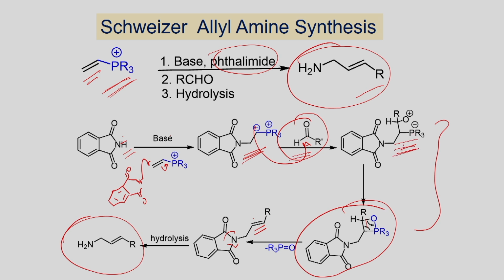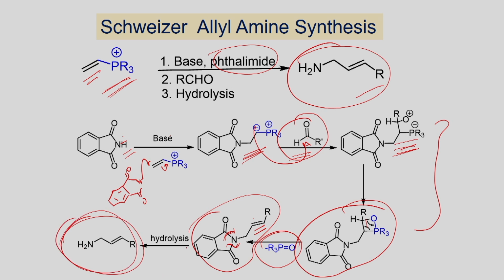Once you form this betaine, it can lose phosphine oxide, where you generate this N-alkyl phthalimide intermediate. Once you form this one, there are several approaches available. You can do hydrolysis, and you will be able to form the primary allylamine as the product.